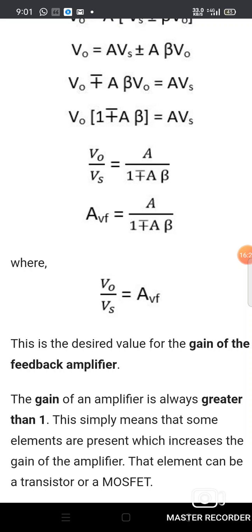From that equation, we take the same variable to one side, right?